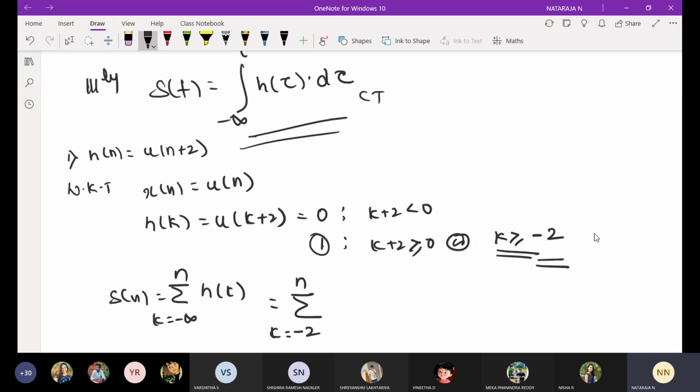What is your amplitude? Amplitude is 1. Now, what is the solution for this? Limits are from minus 2 to n. I can change the limits, but as of now, I will give you an idea. This is your upper limit, this is your lower limit. Am I right?